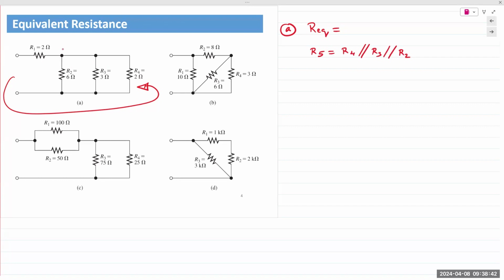What do we have? 1 over 2 plus 1 over 3 plus 1 over 6. I heard murmurings of 1 ohm. How much? Everybody concurs.